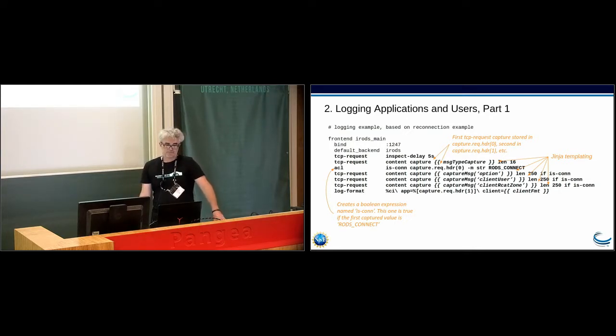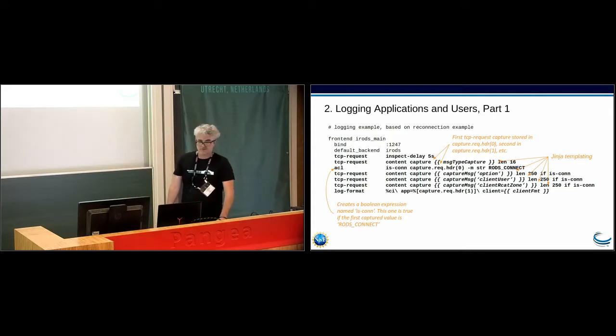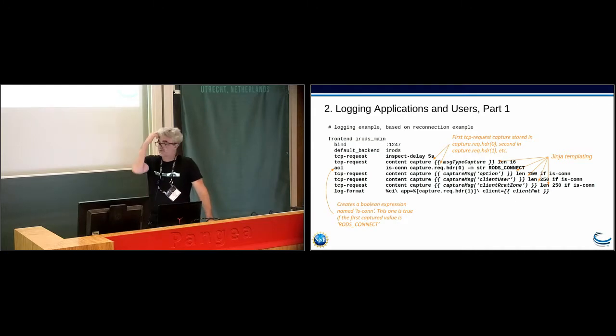Then we can use that in our other content captures where we capture the option, the client user, and the client RCAT zone from the connection. I'll tell you more about the iRODS connection format in a little bit. But anyway, we're using the ACL to make decisions on whether we're even going to inspect those. Then we have our log format, which is also using those. I'll tell you more about that in the next few slides.